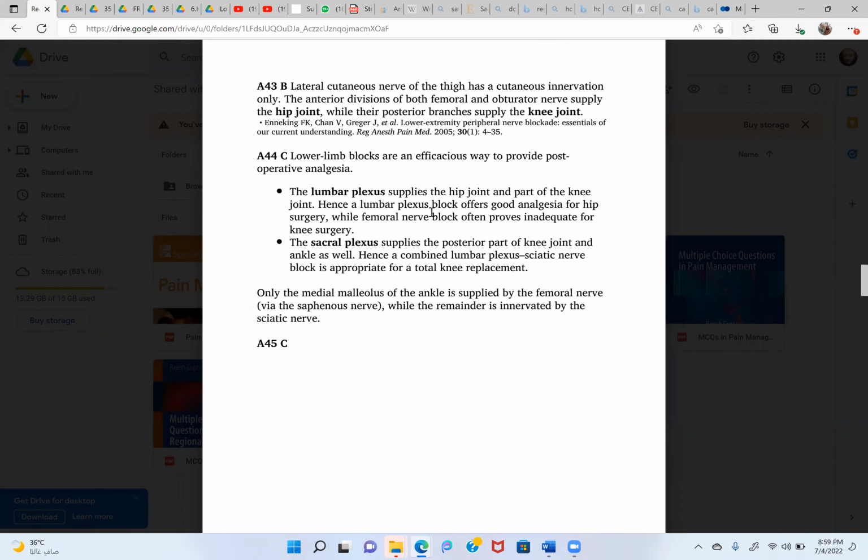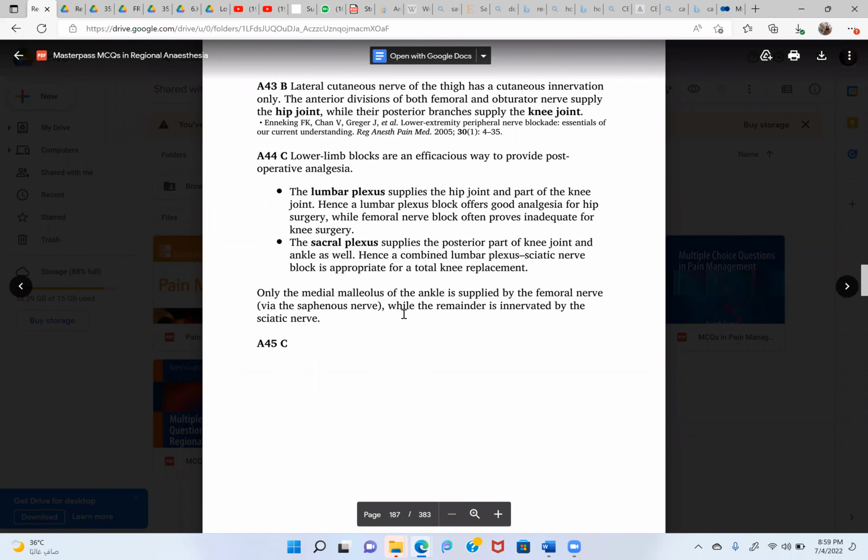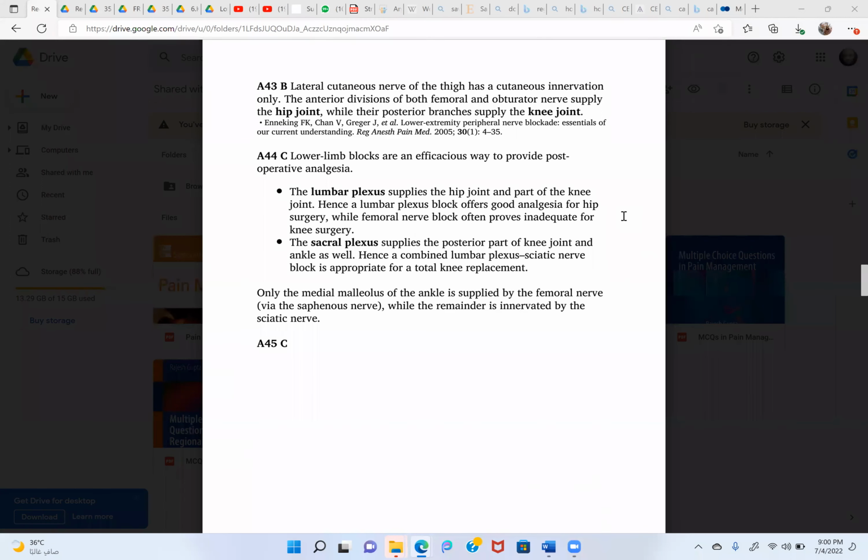Actually, this is the MCQs book and I'm reading the explanation from it. Lumbar plexus block, have you ever seen anyone giving a lumbar plexus block? Any one of you? Yes, sir. For which procedure? It was for total hip replacement, I believe.